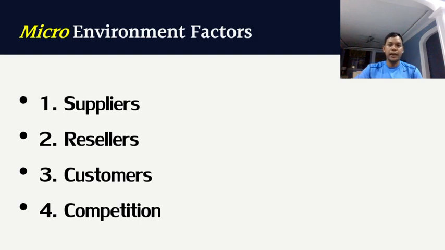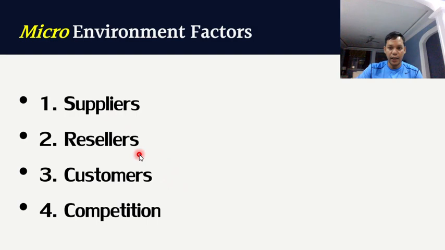The suppliers can control the success of the business when they hold power. So the supplier holds the power when they are not the only or the largest supplier of the goods in the market. Okay, one of the elements of the microenvironment are the suppliers.